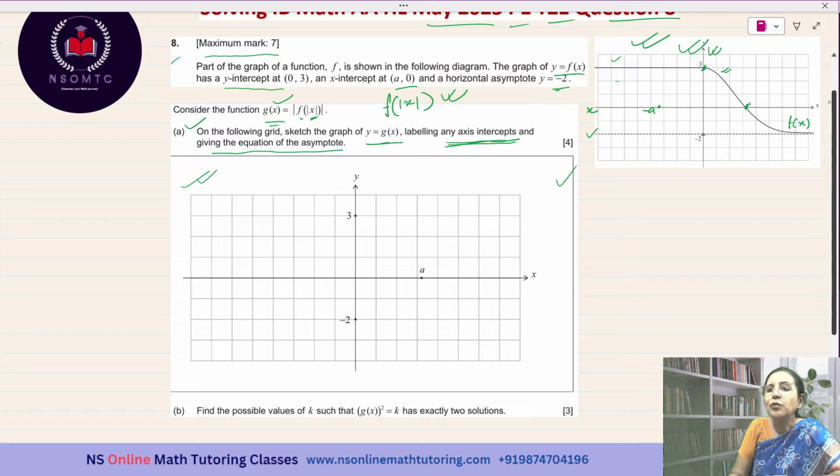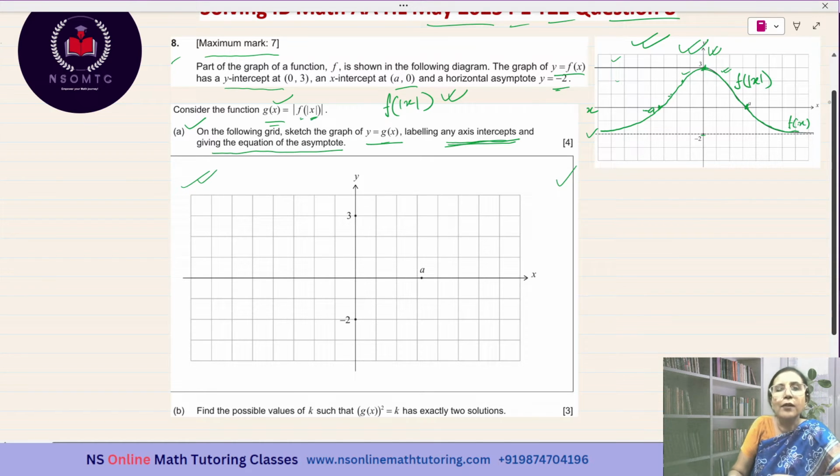And y equal to -2 is the horizontal asymptote. So this part, the left side, together with the right side is giving us the graph of f of modulus of x.